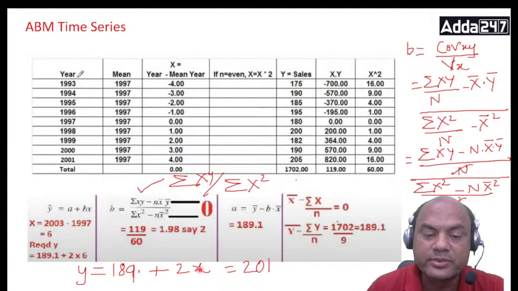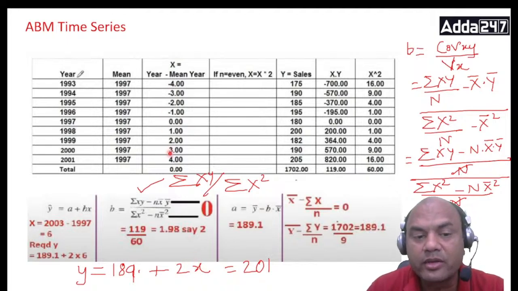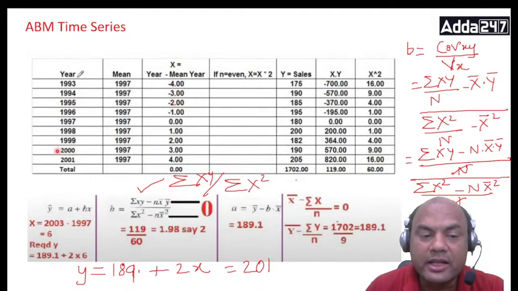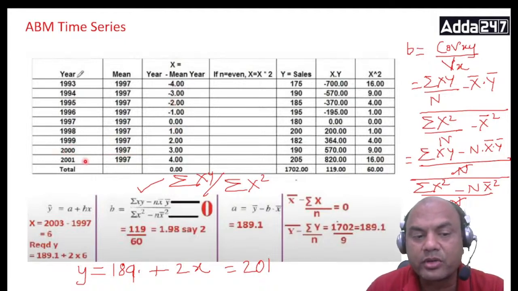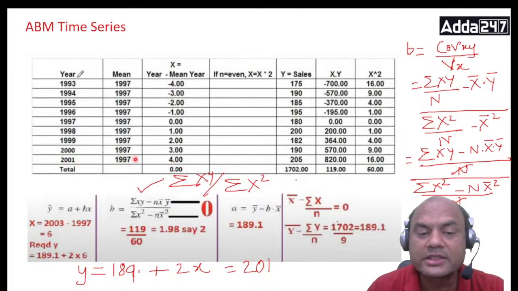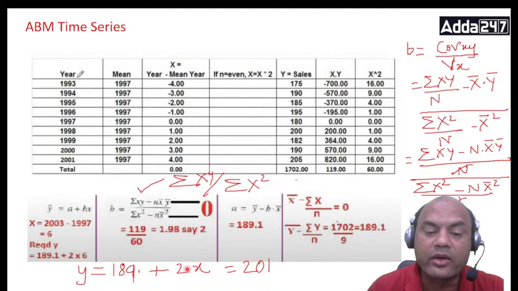So my x becomes 6 over here, right? Because how did my x come over here? My x came by subtracting this number from this number. So 2001 minus 97, 4. So 2003 minus 97, 6. So I'll write this x as 6.